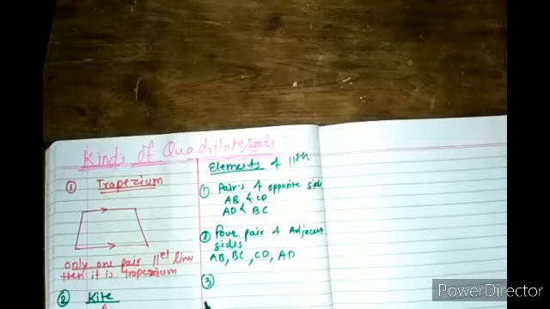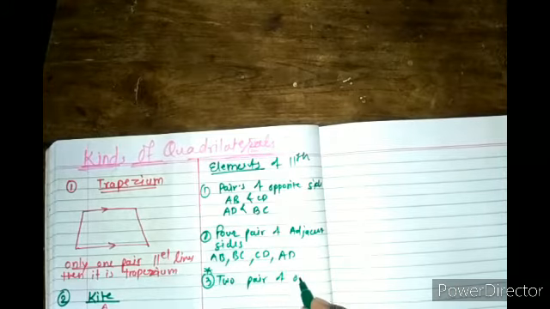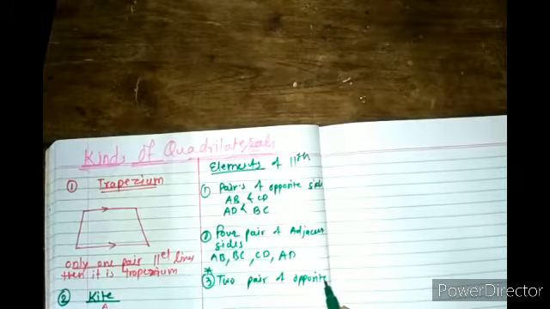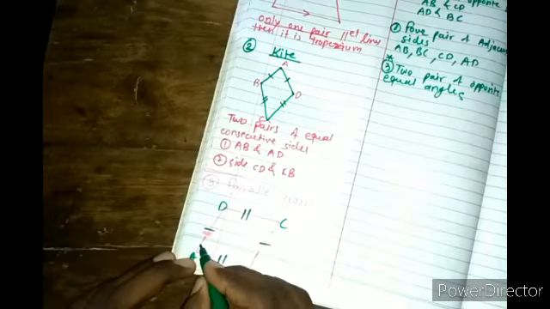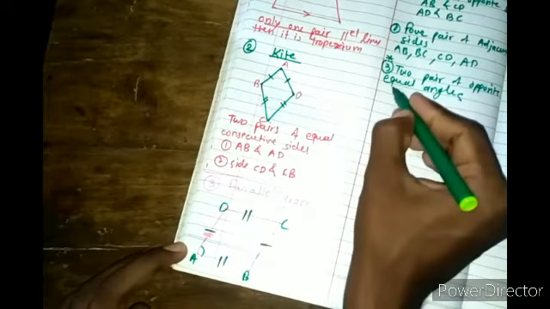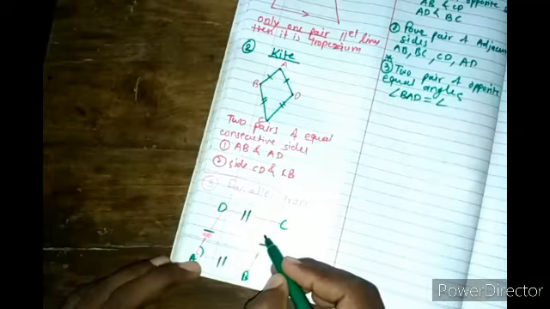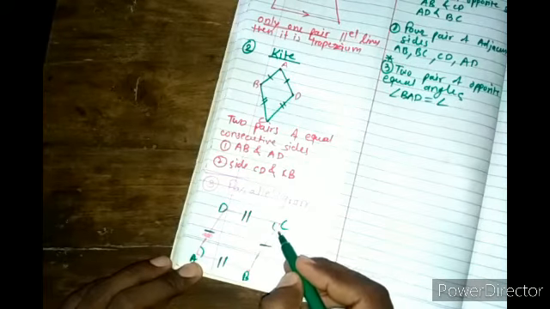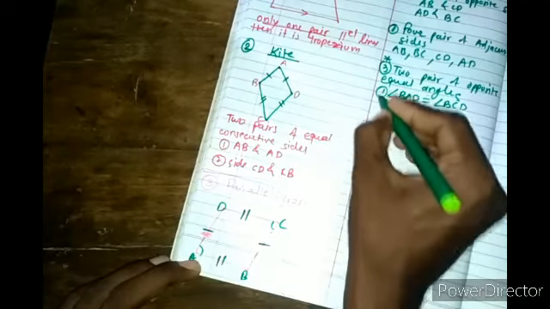The third one is two pairs of opposite angles. That is most important. Two pairs of opposite equal angles. Suppose in that diagram I have to find the opposite angles: angle BAD equals which angle? Yes, BCD. This is one pair.